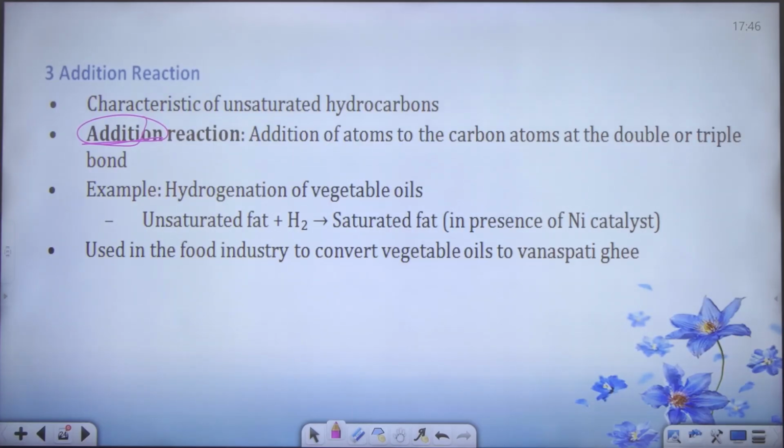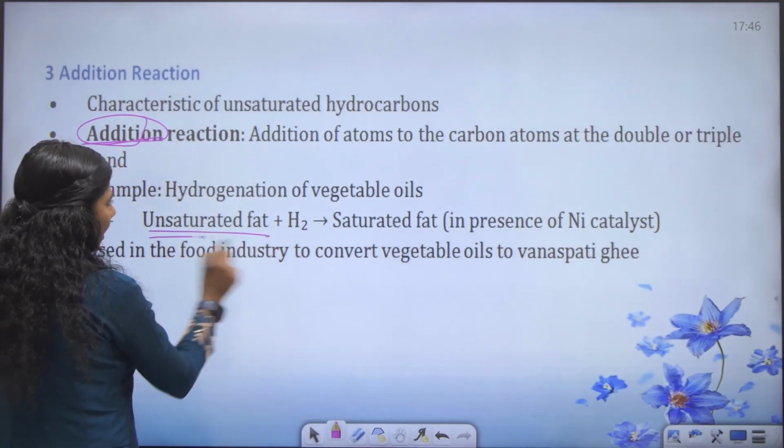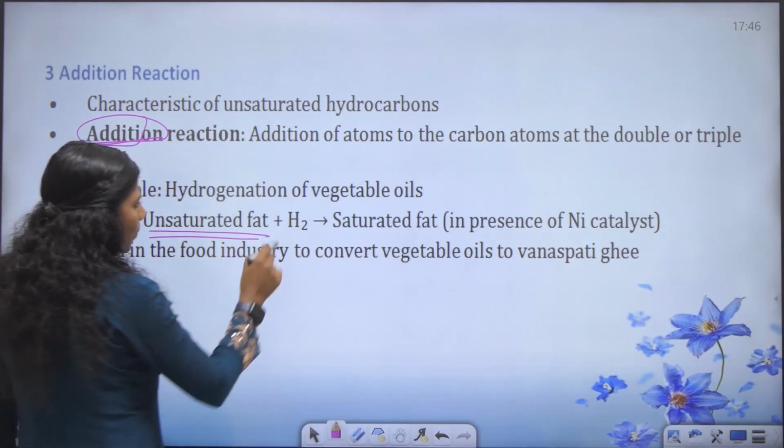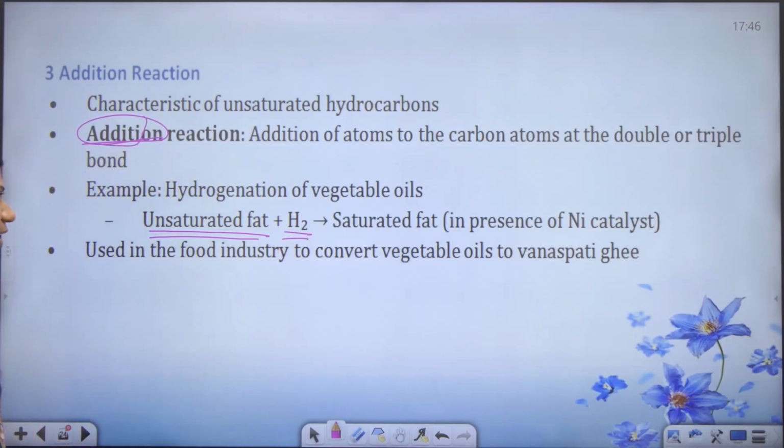For example, hydrogenation of vegetable oil: unsaturated fat plus hydrogen forms saturated fat in the presence of a nickel catalyst. Used in the food industry to convert vegetable oil to vanaspati ghee.